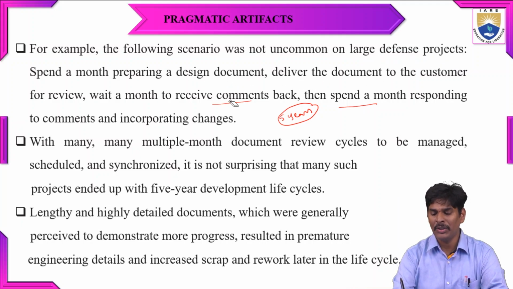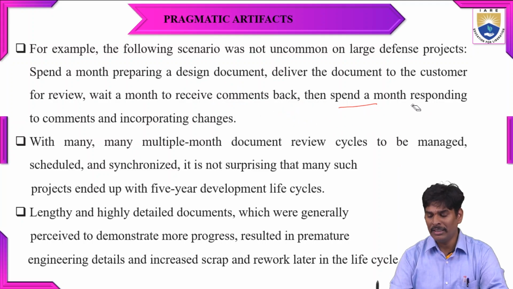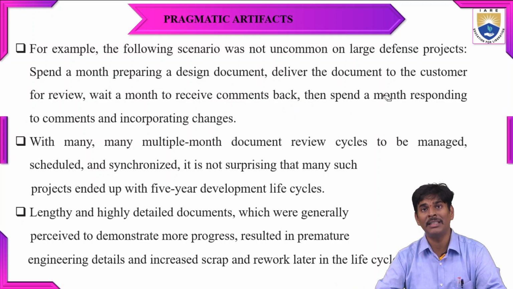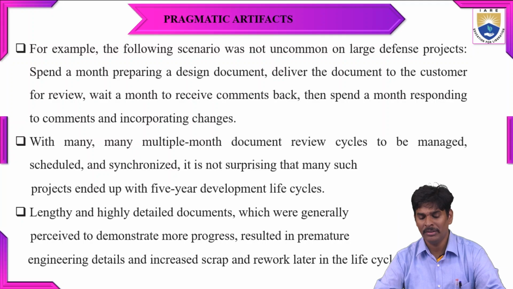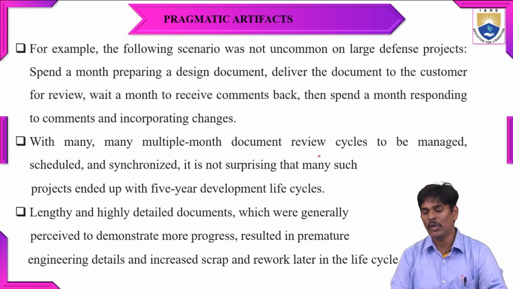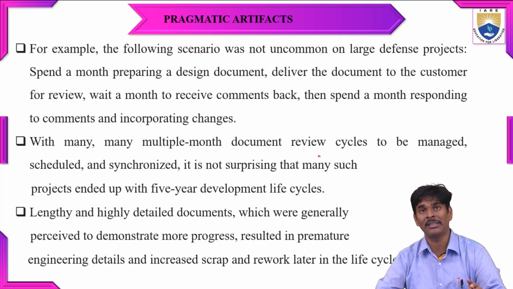So that's why they need to check different criteria to minimize the time here. Here, many multiple-month document review cycles have to be managed. When they are considering paper documentation, they need to have different types of cycles to manage, schedule and synchronize.